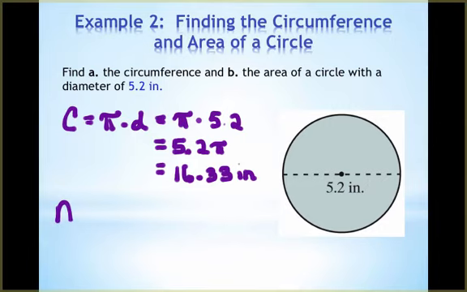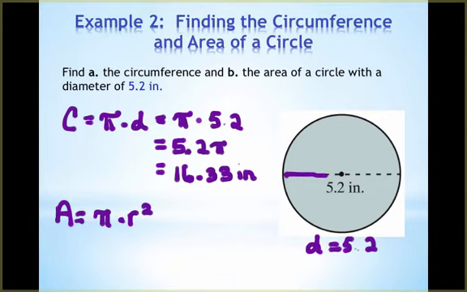Now to find the area, we're going to use the formula pi times the radius squared. But since we know the diameter is 5.2, that means that whole distance across there is 5.2, so that's going to make our radius half of that, which is 2.6.